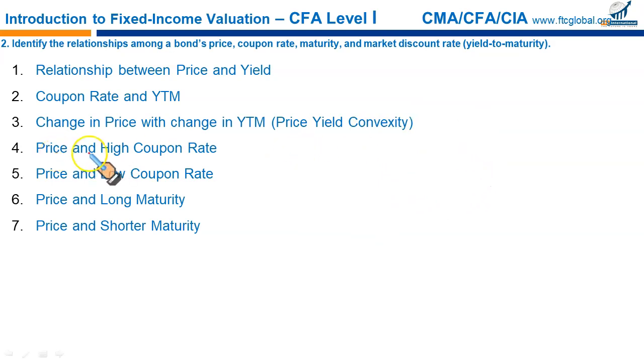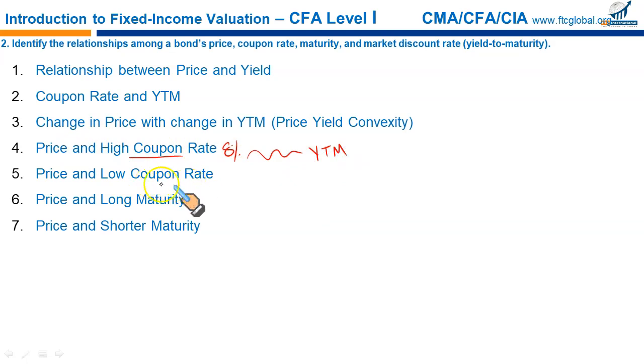Next, price and coupon rate. Now let us assume a bond that has a high coupon rate, let's say 8%. A bond with a high coupon rate is less sensitive to changes in YTM.